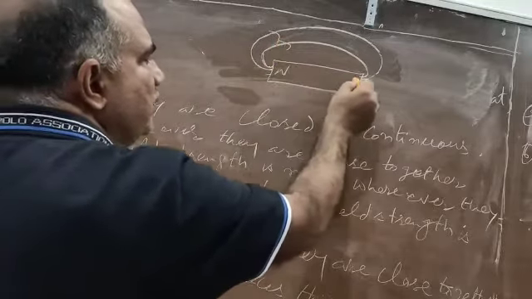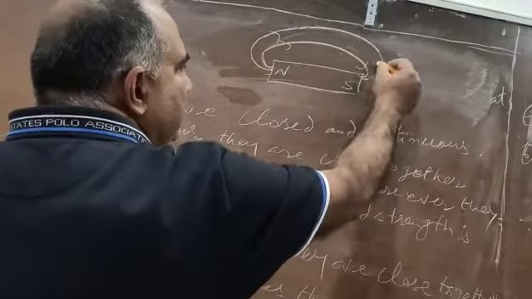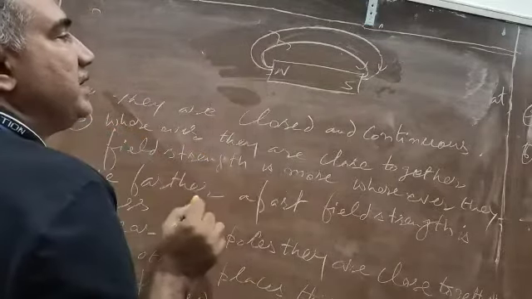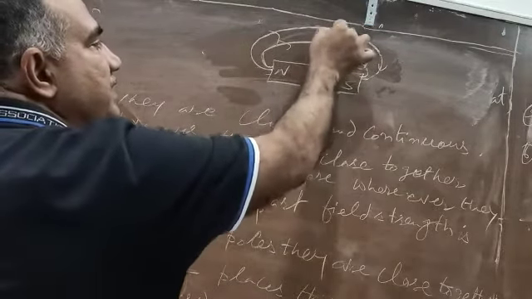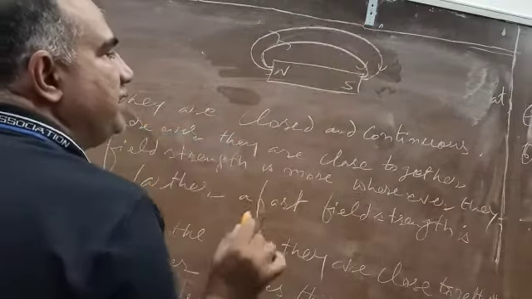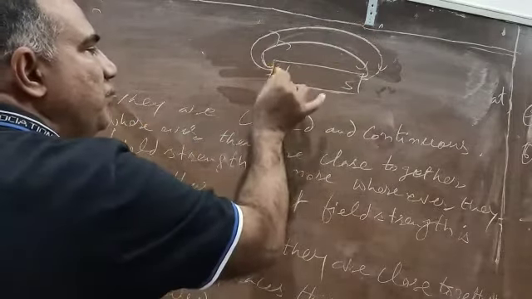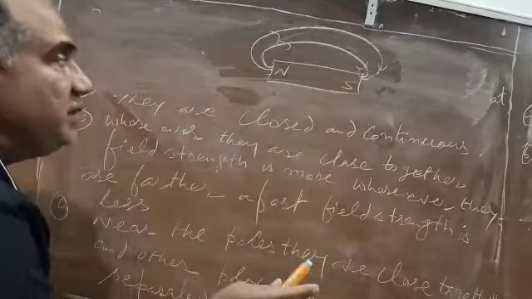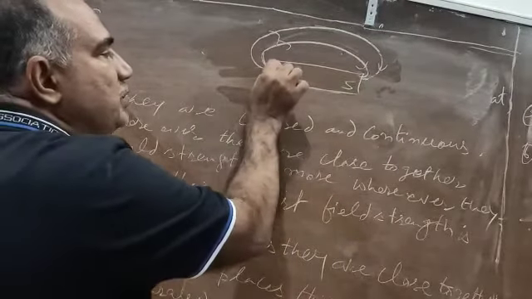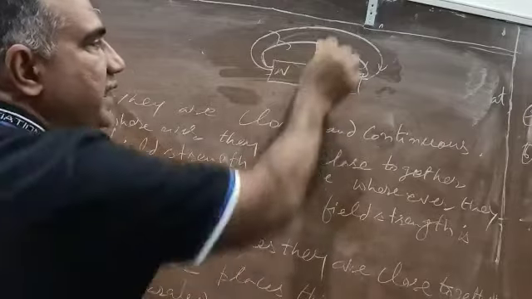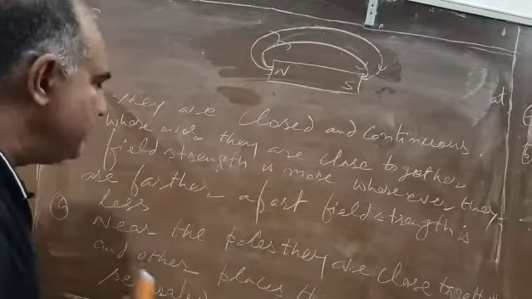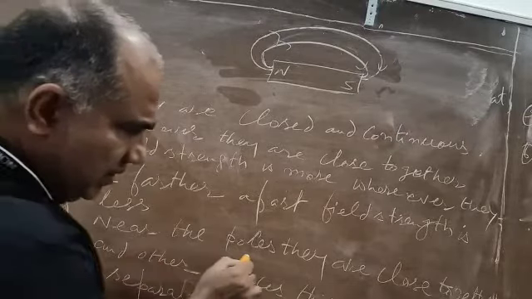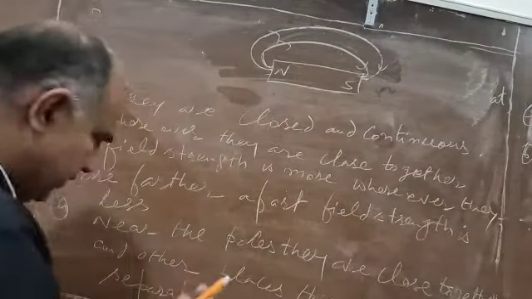Let us say this is the north pole and this is the south pole. Near the poles they are close together, and at other places they are widely separated. So wherever they are close together, field strength is more, and wherever they are farther apart, field strength is less. So we have covered this point also.